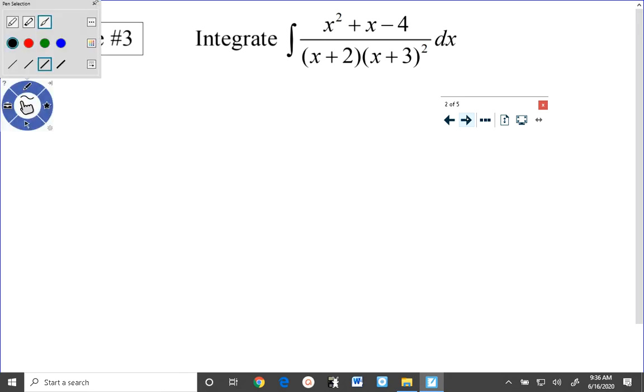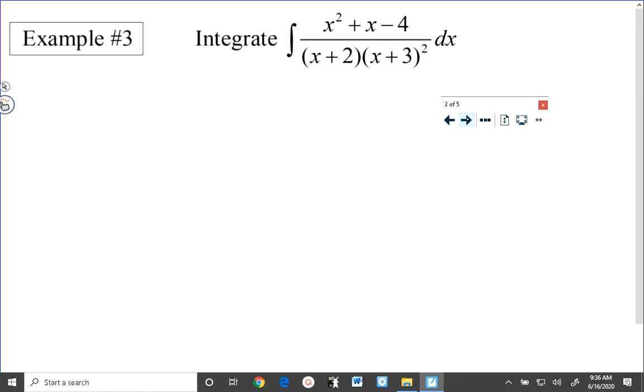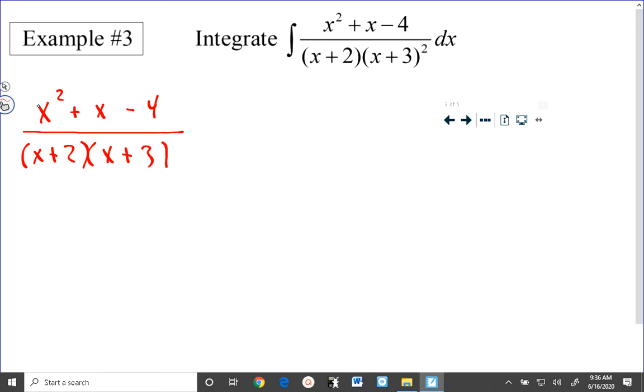We're still going to resolve this integrand of x squared plus x minus 4 over x plus 2, x plus 3 quantity squared into partial fractions. And what you learned on Monday is still true here. If you have 3 factors in the denominator, you're going to need 3 partial fractions.